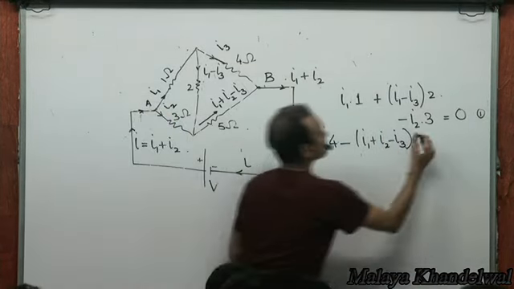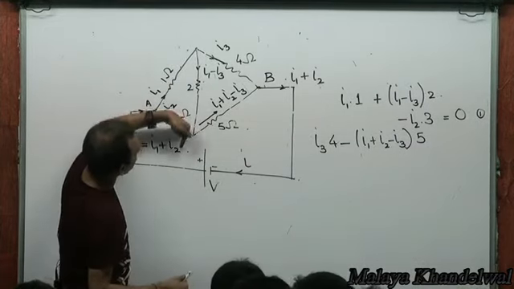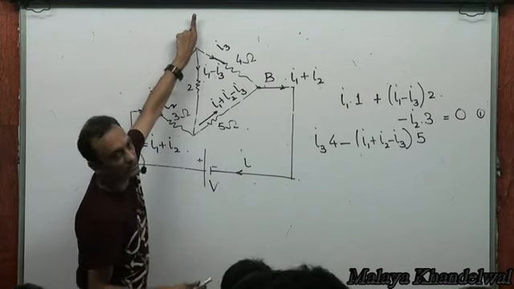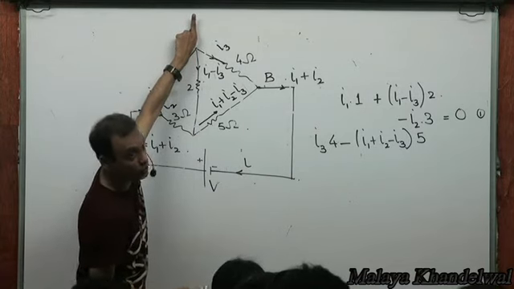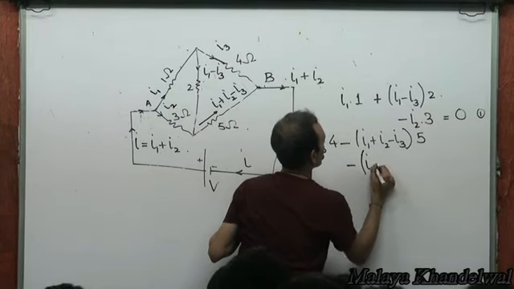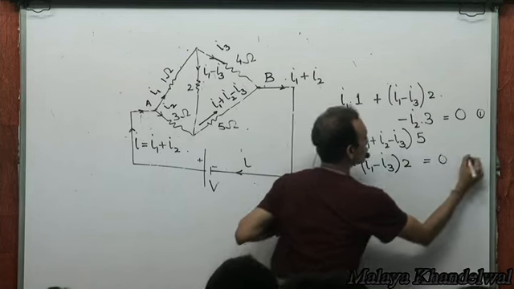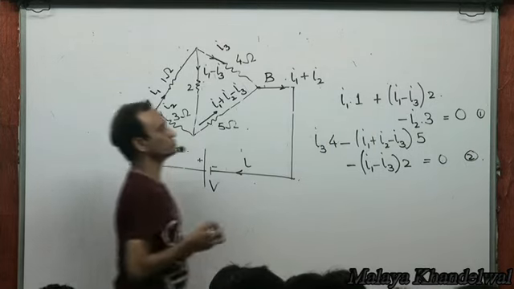Into 5. And then I1 minus I3 going this way is like I1 minus I3 going this way. That must be 0. Yes or no?